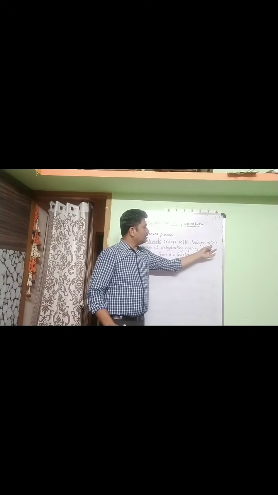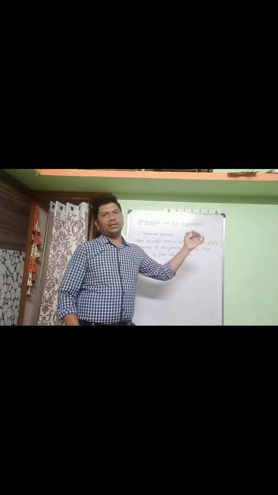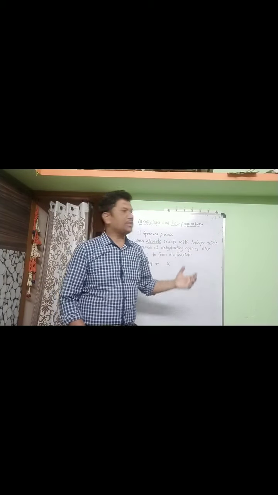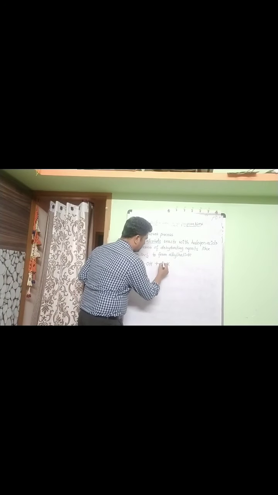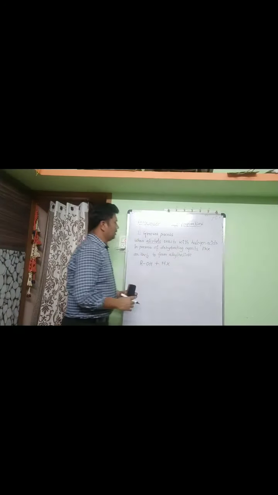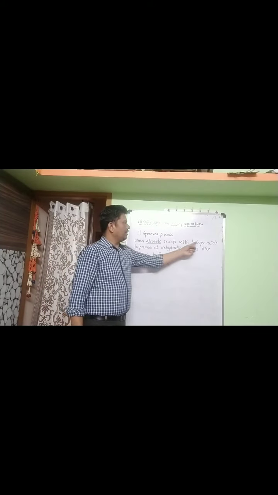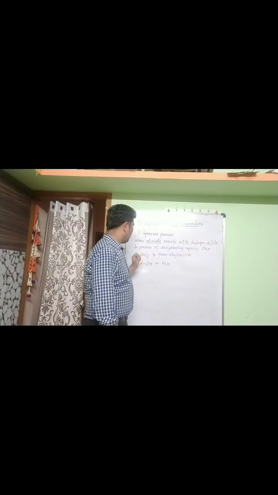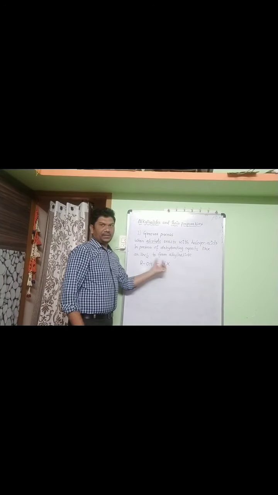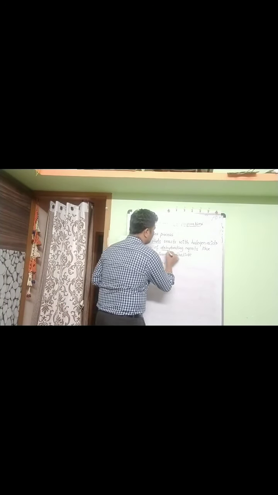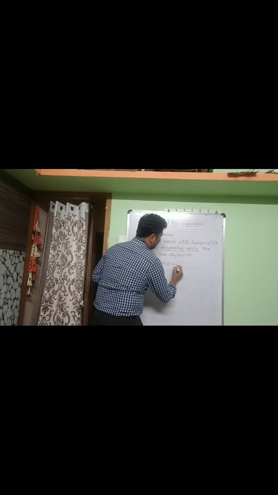And halogen acid is there. Acid is a substance which can donate a proton or which contains H plus ion. Therefore, the acid is represented as HX. So this is the representation of halogen acid. Now, alcohol reacts with halogen acid in presence of dehydrating agent.